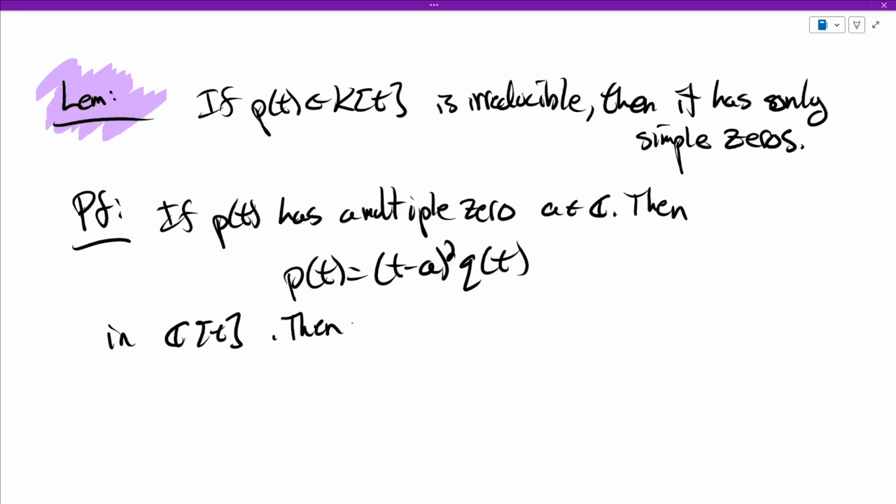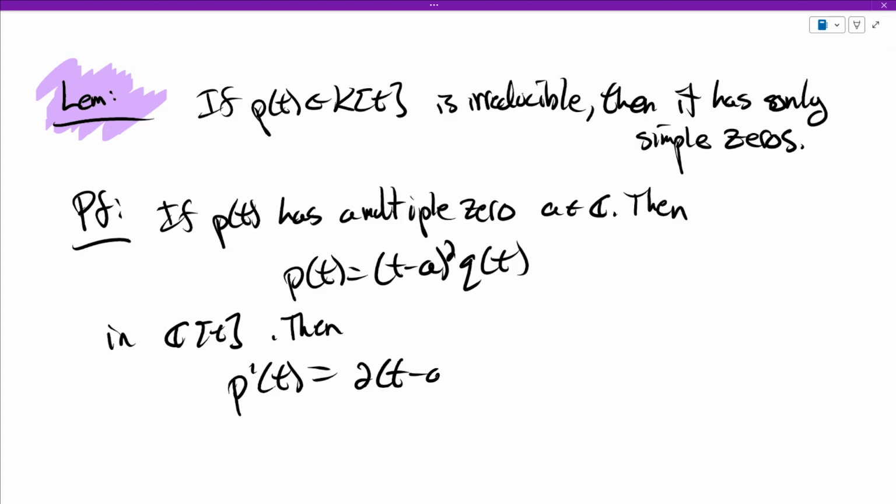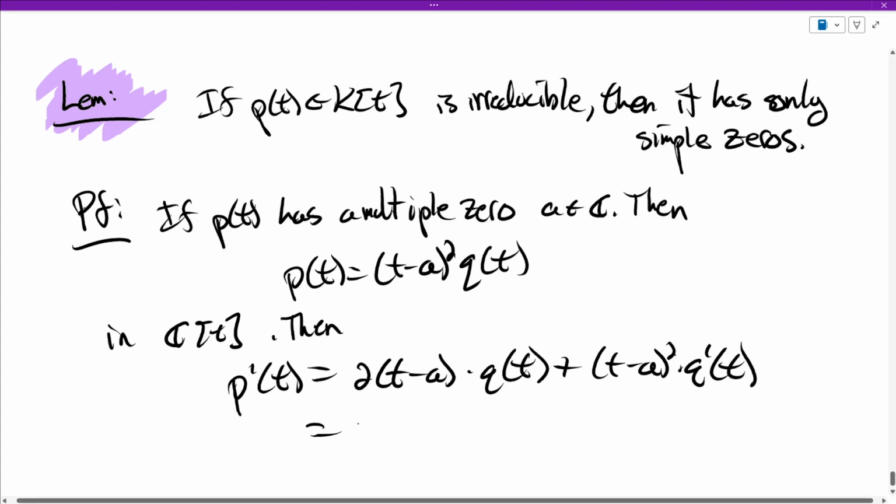Then what we're going to do is look at the derivative. So P prime of T, by the product rule, is the derivative of the first guy, so that's twice (t minus a) times the second, plus the first times the derivative of the second. All right, cool. So what do we have now?